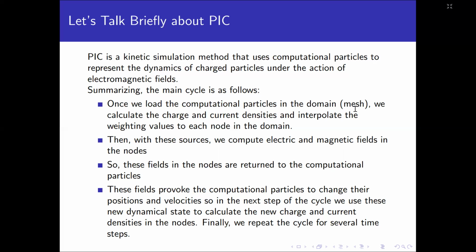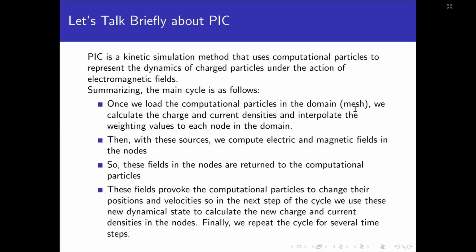Then this information is interpolated back from the nodes to the particles, okay? Because these fields make the particles move in the domain, with these new positions and velocities, we can repeat this cycle over and over again for a number of time steps, okay? So that's basically what we do with particle-in-cell.